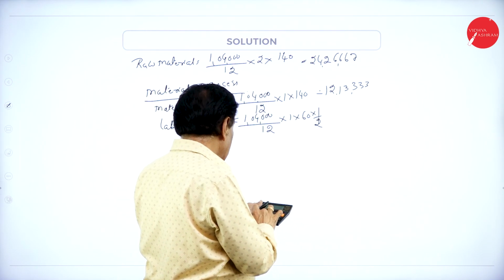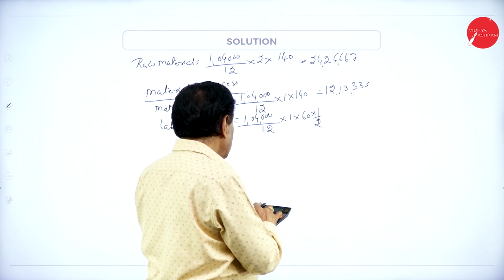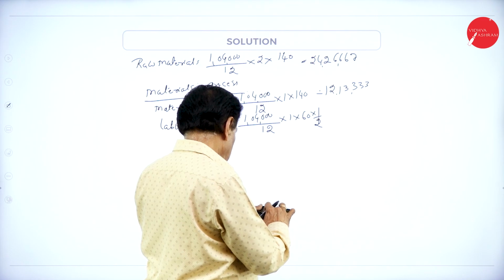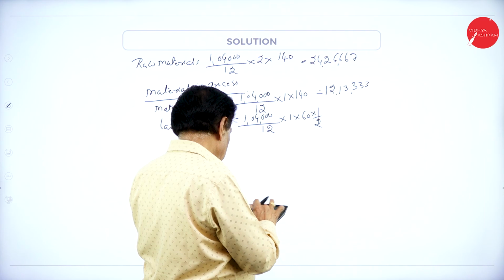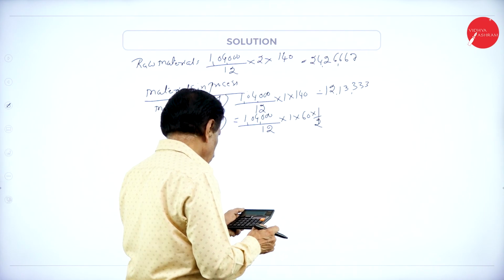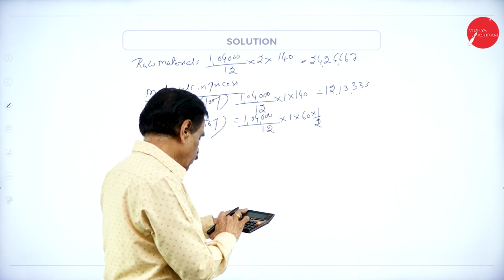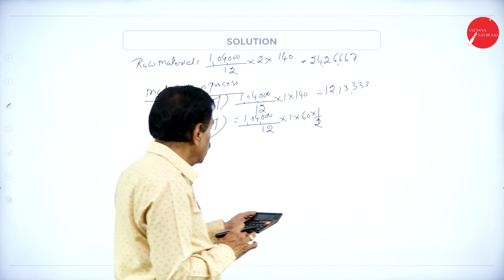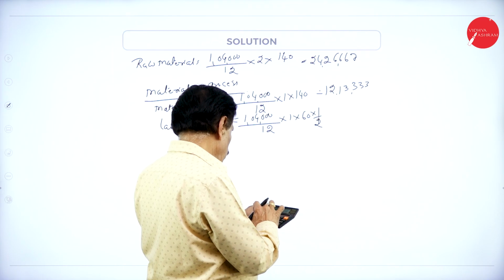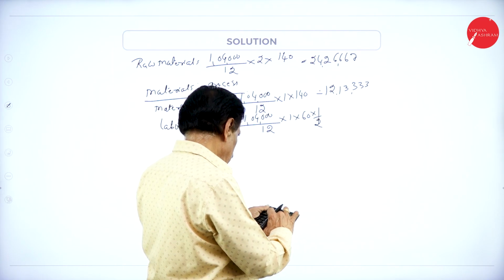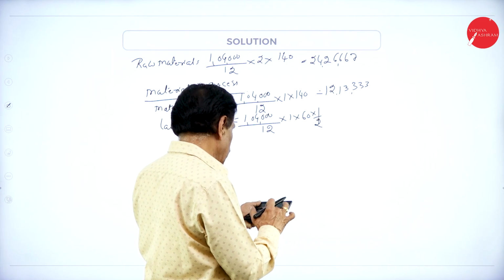So 1,04,000 divided by 12 into 1 into 30, half of that.